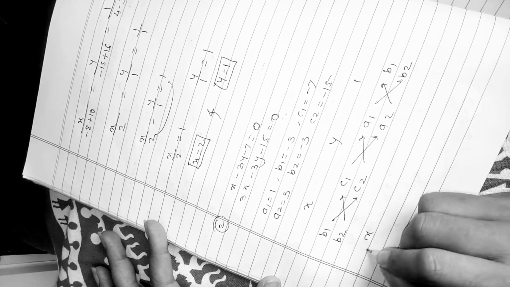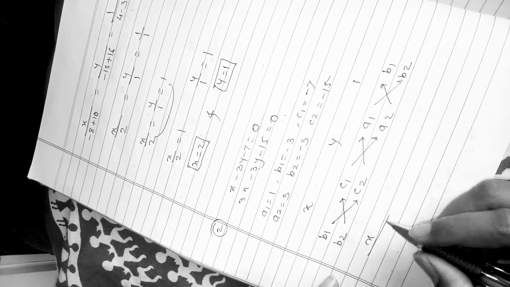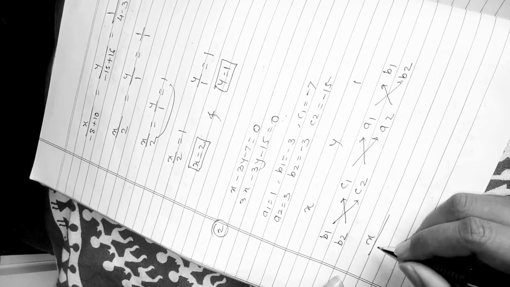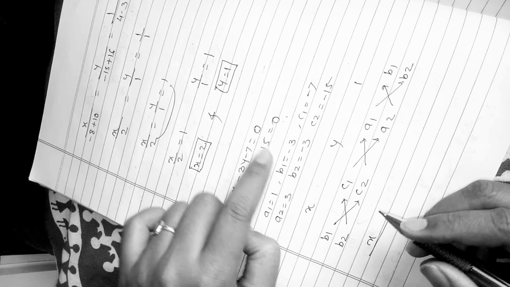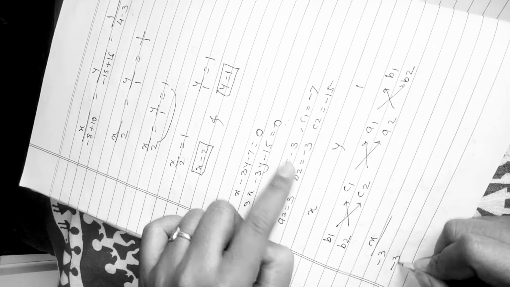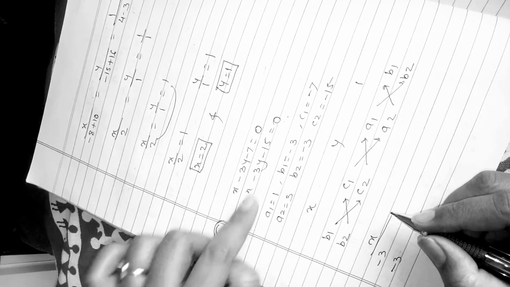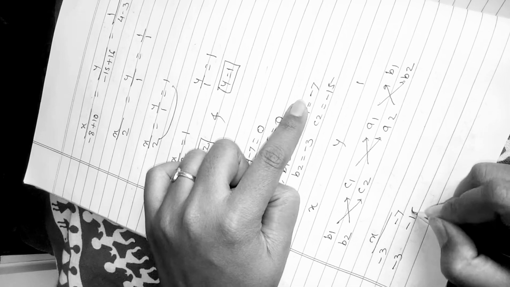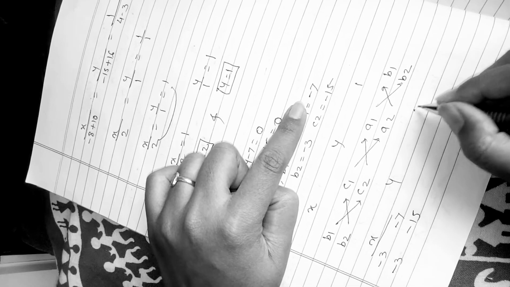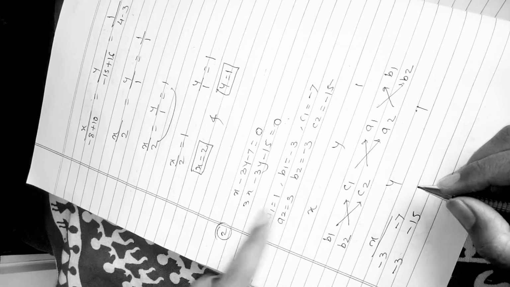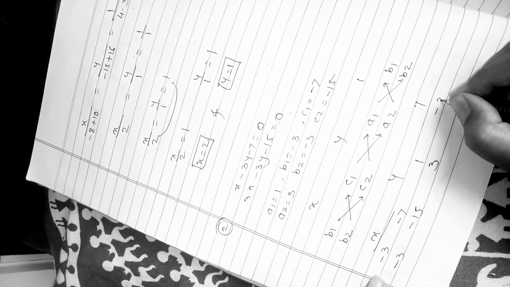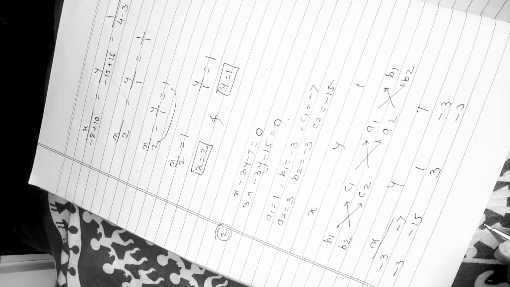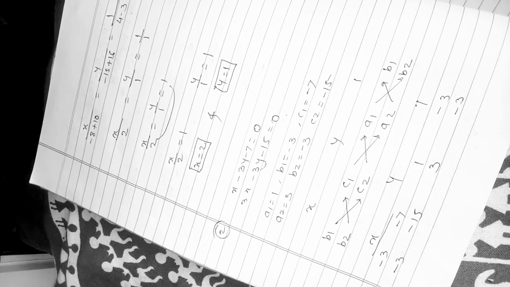So x over, first we write the values b1 b2, which are minus 3 minus 3, c1 c2 minus 7 minus 15, then a1 a2, 1 3, and b1 b2 again minus 3 minus 3. Write like this.